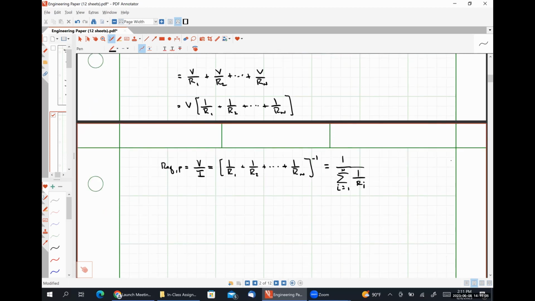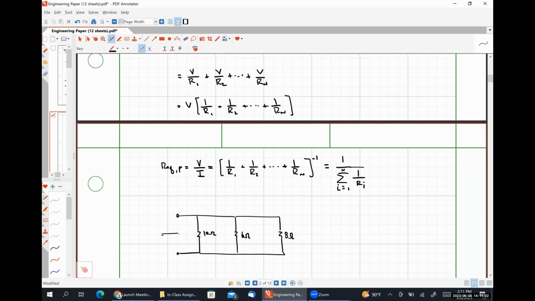So let's say, just for the sake of argument, that we had those same 3 resistors from our last example. A 10 ohm resistor in parallel with a 6 ohm resistor in parallel with an 8 ohm resistor.